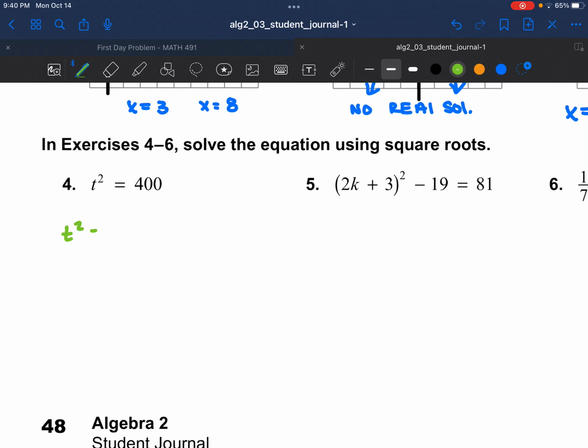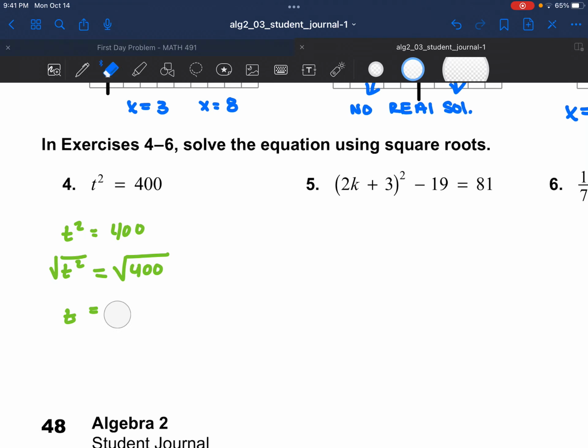So I'm going to do this one in green. We have t squared equals 400. That means the square root of t squared equals the square root of 400. So that is t equals plus or minus, or here, let's go a little bit more in depth.